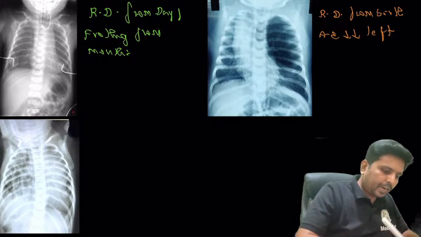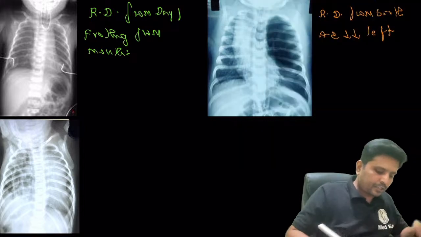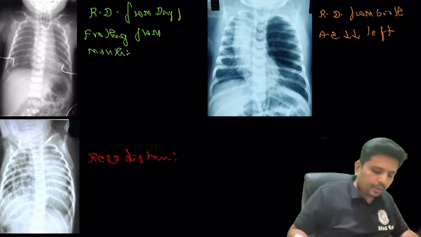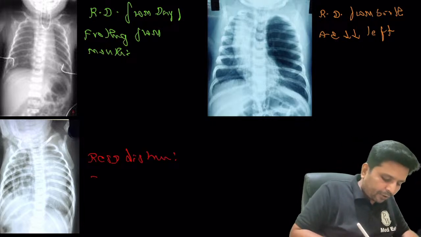The third child: respiratory distress from birth, and you have a scaphoid abdomen.